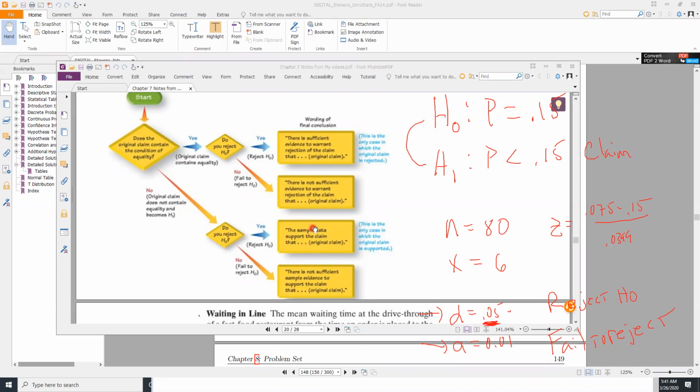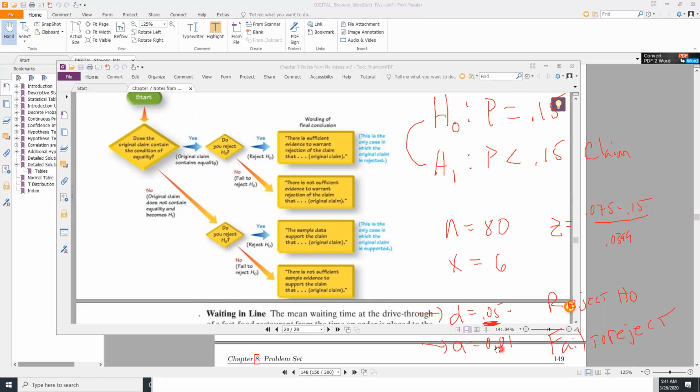So the way you work your statement, and this is an important piece because WebAssign doesn't always make this very clear. If you're just doing the WebAssign, we're going to reject H0. That's my decision. Now we're going to make that decision in context. And the best way to do context is not to say too much. You've got to cover your butt as a statistician, right? So you say the sample data supports the claim that Farmer Carl's ears of corn have less than 15% earworms, okay?